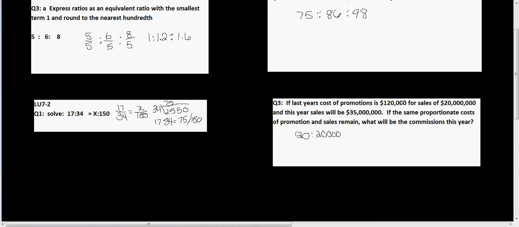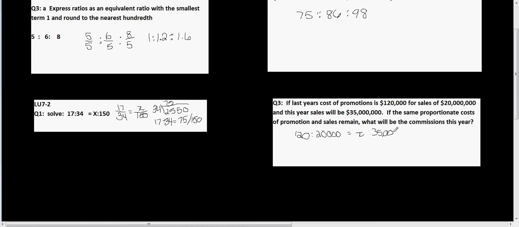It keeps it balanced, but easier to write down. So 120 is to 20,000 as some unknown commission is to 35 million. And again, I'm going to drop those extra zeros. So we're all talking about the same thing, but just simplifying.